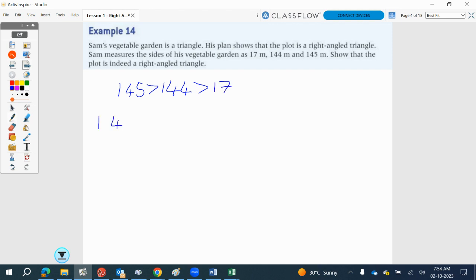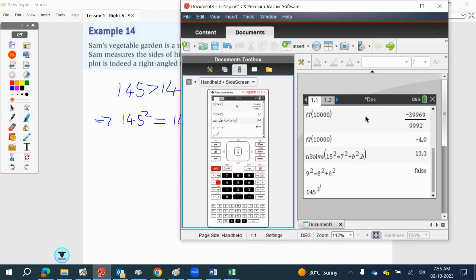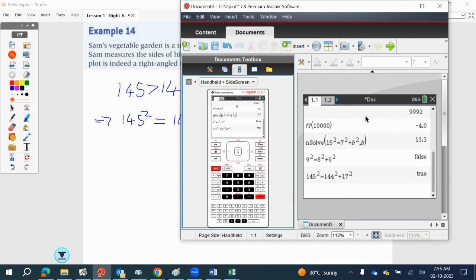So we are going to try 145 squared to see if it is equal to 144 squared plus 17 squared. 145 squared is equal to 144 squared plus 17 squared. And this is true.